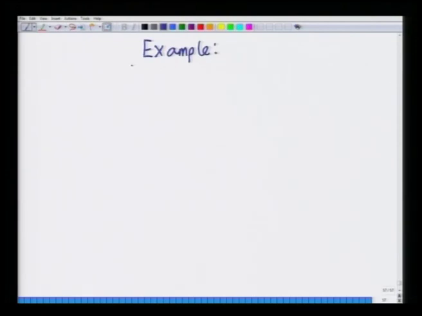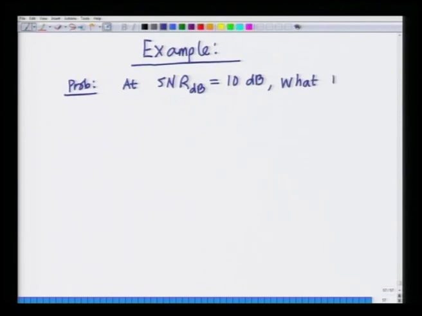Example: at an SNR of 10 dB, so this is the problem, at SNR dB equals 10 dB, what is the probability of bit error, or what is the BER of the wireline communication system?